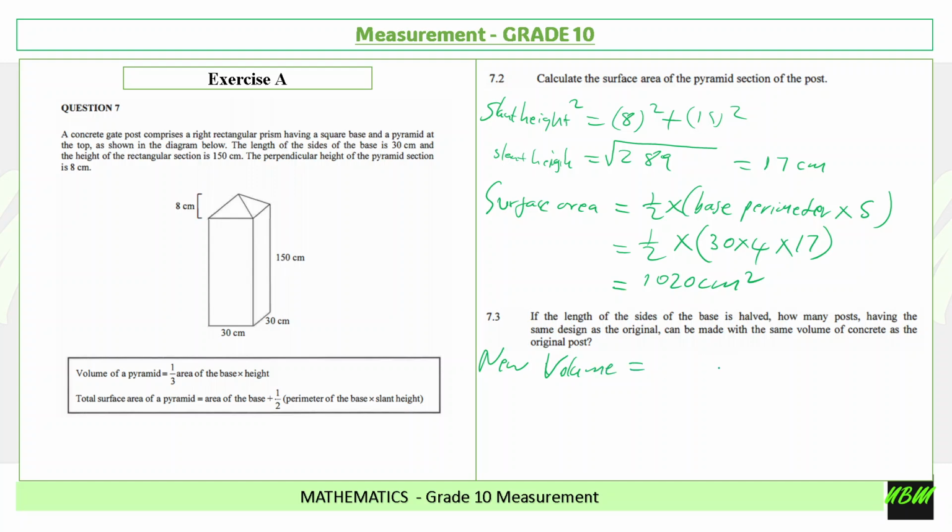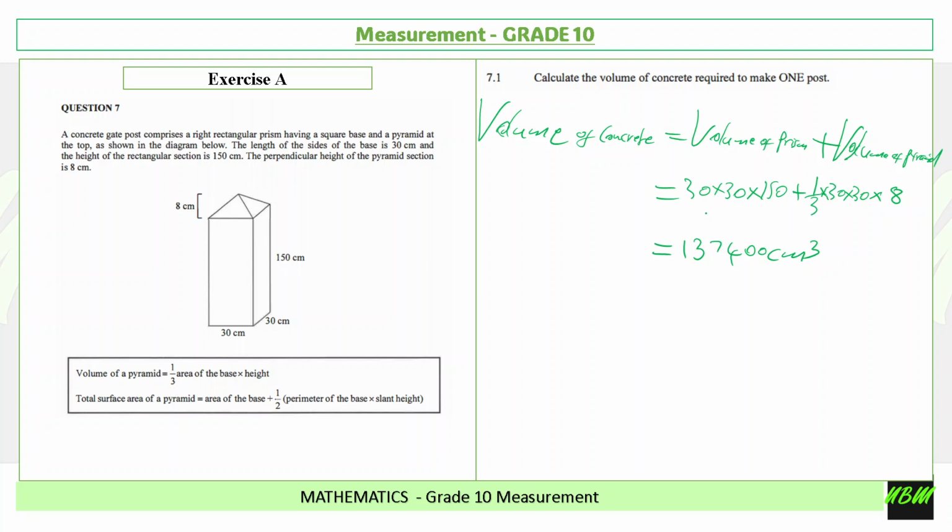One way of doing it is to just halve the sides of the base. Remember, the sides of the base are each 30 centimeters long. Therefore half of 30 centimeters will be 15. Then you go back to 7.1, and where we have 30, you just have 15, 15, 15, 15. That is one way of doing it, and then you get the new volume.